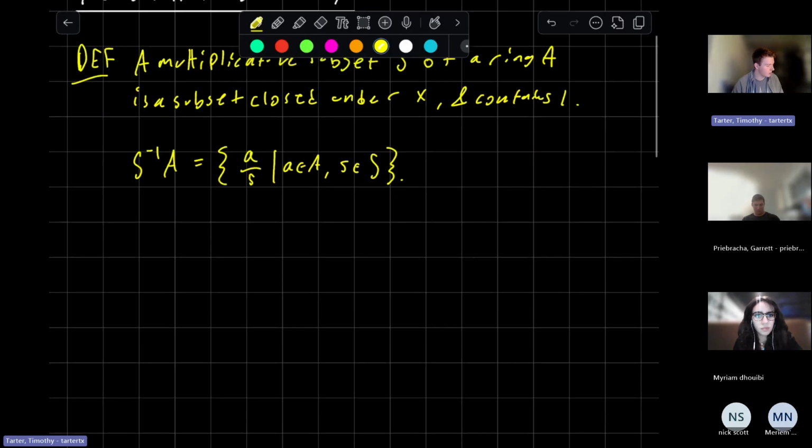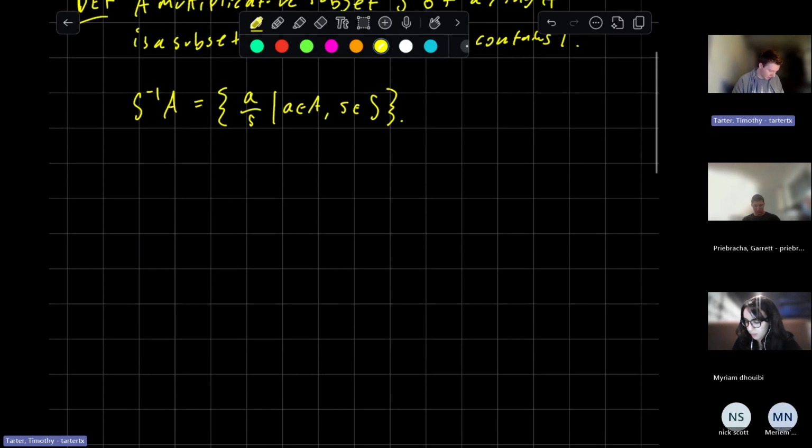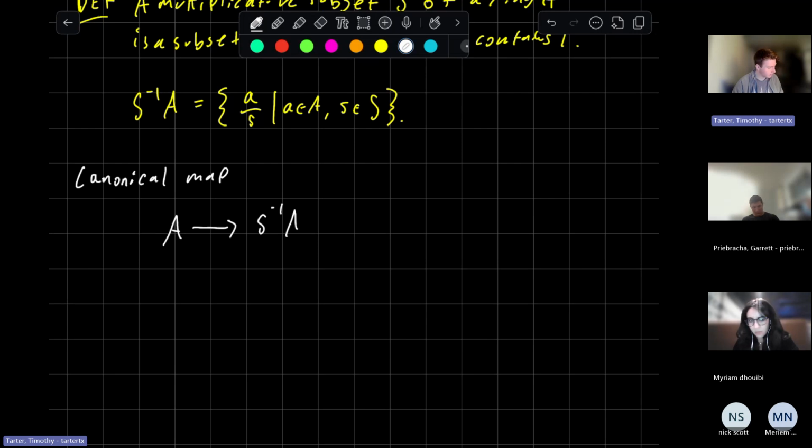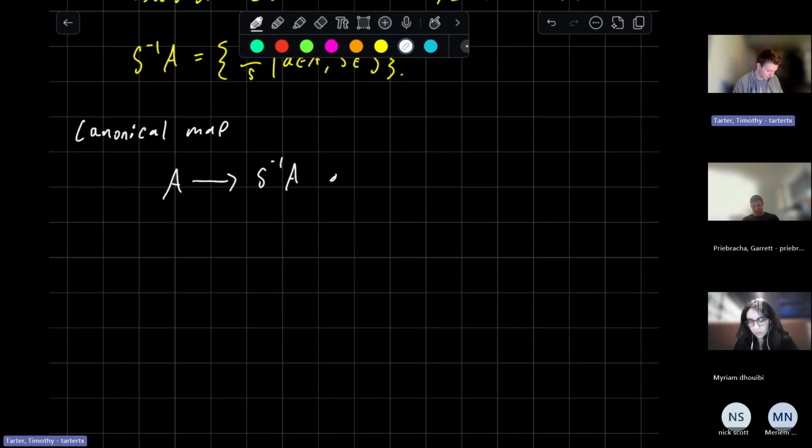And so we have a canonical map from a ring A into S inverse A, given by a getting sent to a over 1. So this is an injection.